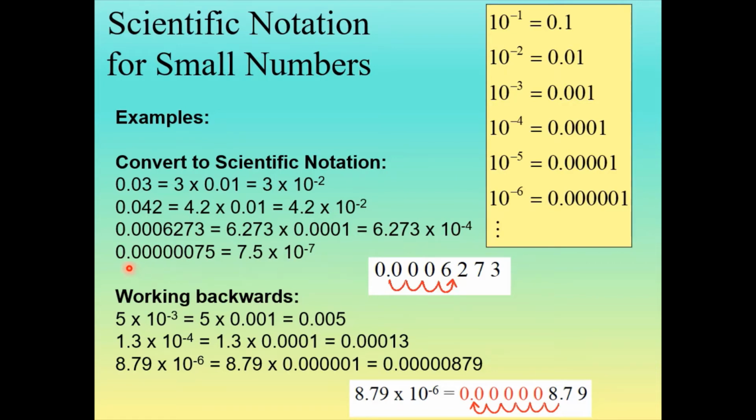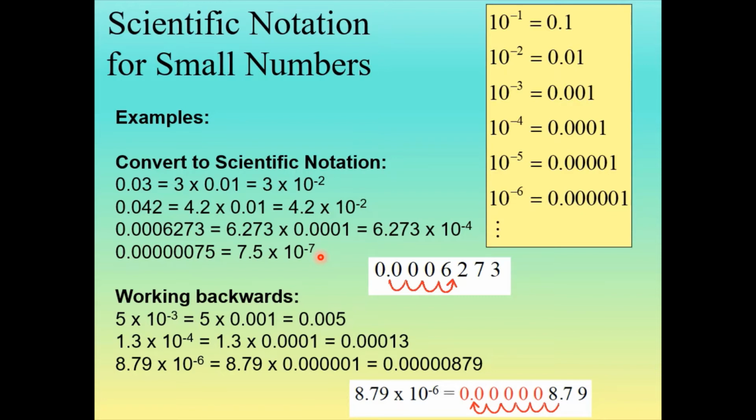The number 0.00000075, that's the same as 7.5, and we have to think about how many places do we move that over. Well, we're starting here. We're going 1, 2, 3, 4, 5, 6, 7 places over, so that's how I have 10 to the minus 7 there.